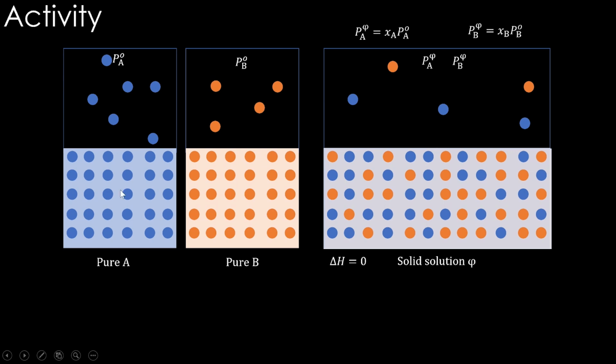So in this case, what has happened is the pure A, when it has become a solution in the solid state, this solid state behavior of A is captured in the vapor of A. If you see the vapor of A, the amount has decreased here according to this formula, the mole fraction multiplied by PA standard. This decrease in vapor pressure is an indicator of what happens to the A in the solid compared to the pure form of A.